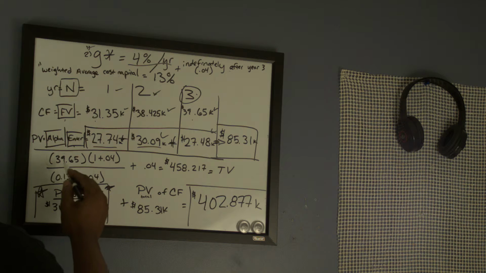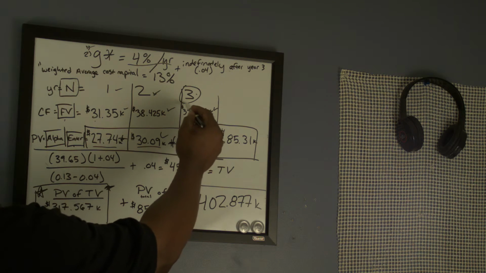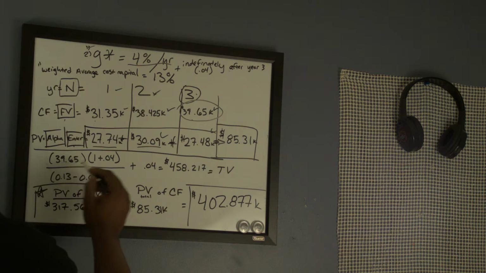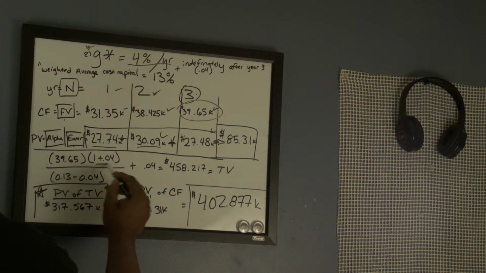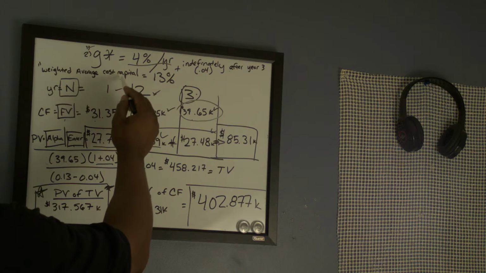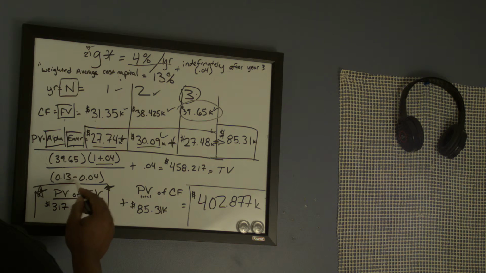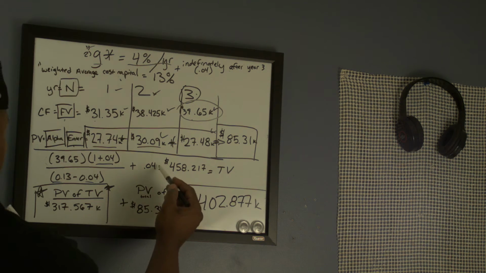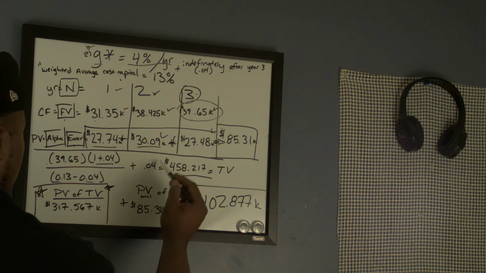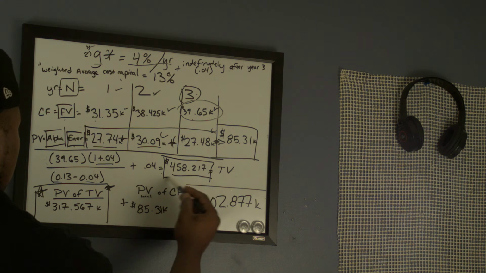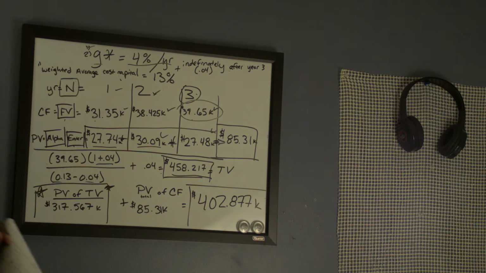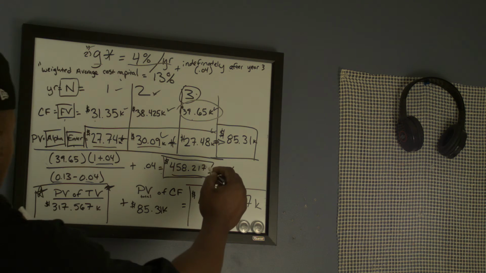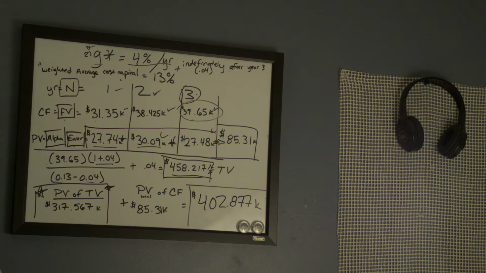So what we have to do is take that last cash flow of the third year, multiply it by the growth rate, and then divide it by the weighted average cost of capital minus our growth rate, and then add in our growth rate. And that comes out to a terminal value of 458.217 thousand. That's our terminal value.